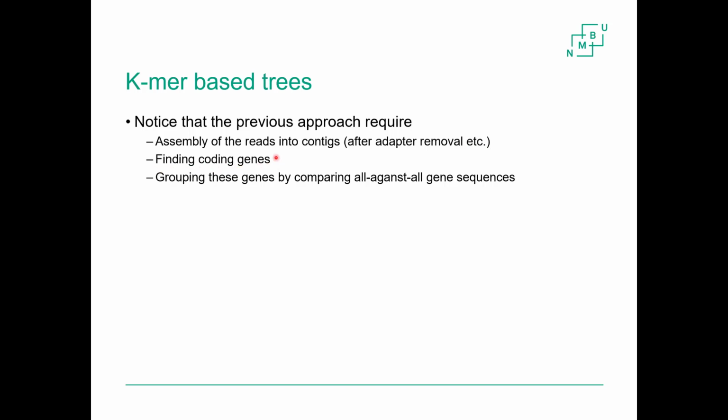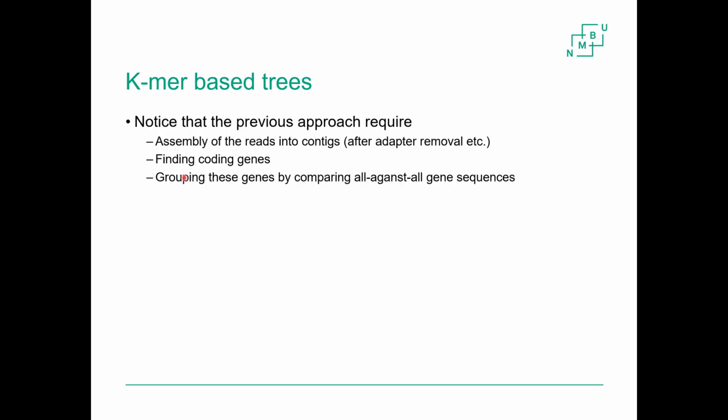And then you have to go finding the genes. This is fairly quick though, but we know that this is a step with some uncertainties. And then once you have the coding genes, you need to group them by Roary, right?